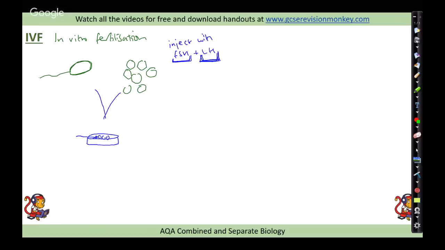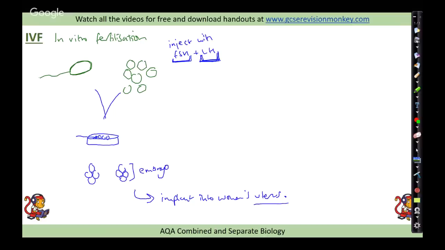And then they'll leave that for a few days and hopefully they'll start dividing into the very early stages of an embryo. And they will look to make sure that that embryo looks really healthy. And at that point, they will implant it into the woman's uterus.